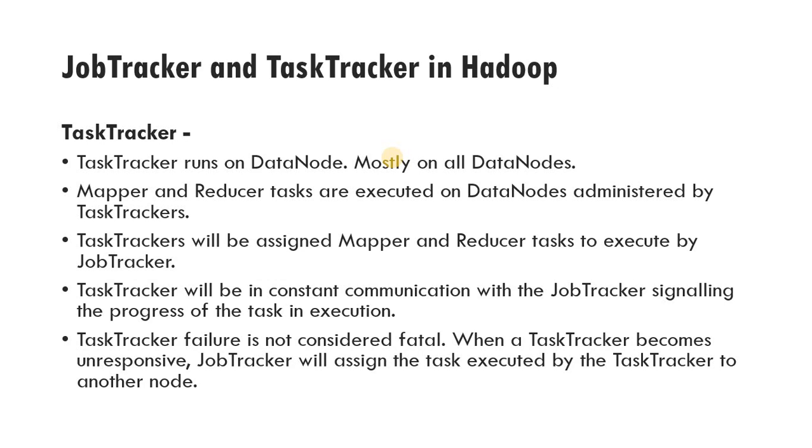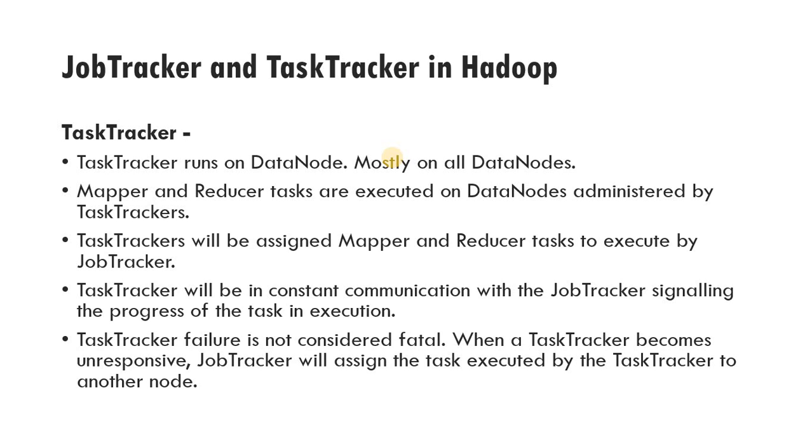Now second is TaskTracker. Let's understand the functionality of TaskTracker. TaskTracker runs on data nodes, mostly on all data nodes. So here JobTracker is running on a separate node, neither a data node nor the name node, while TaskTracker runs on all the data nodes.